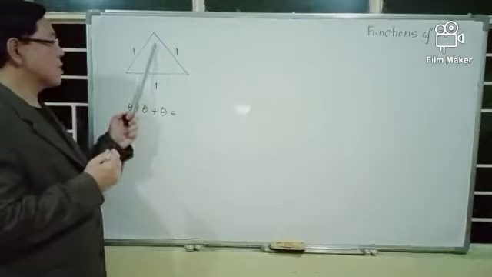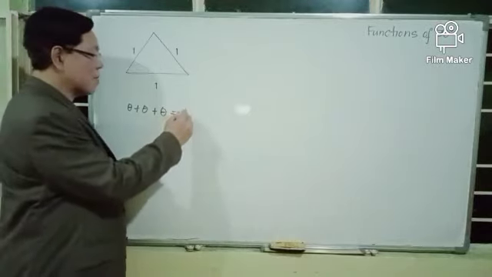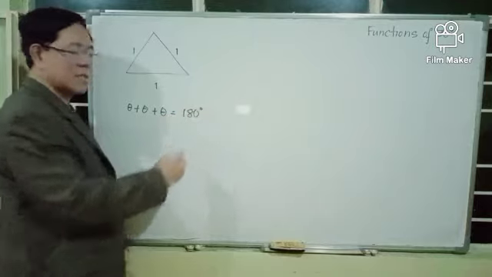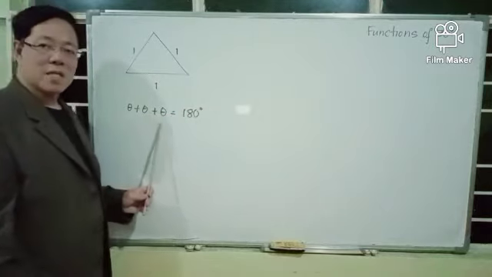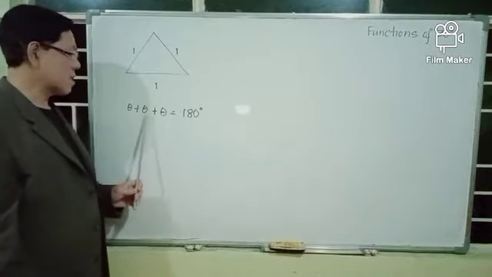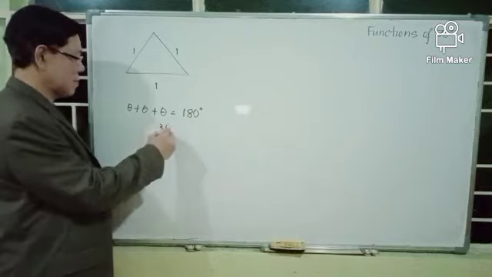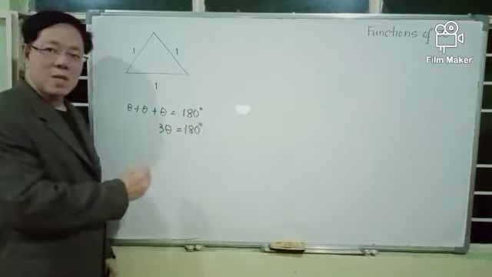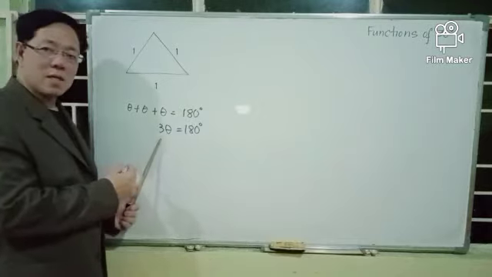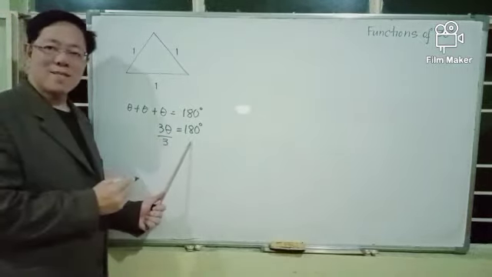And the sum of the three angles denoted by theta must be 180 degrees by the triangle sum theorem. And from your course in algebra, theta plus theta plus theta is equal to 3 theta equals 180 degrees. And we divide both sides by 3. We divide the left side by 3. We divide the right-hand side by 3.